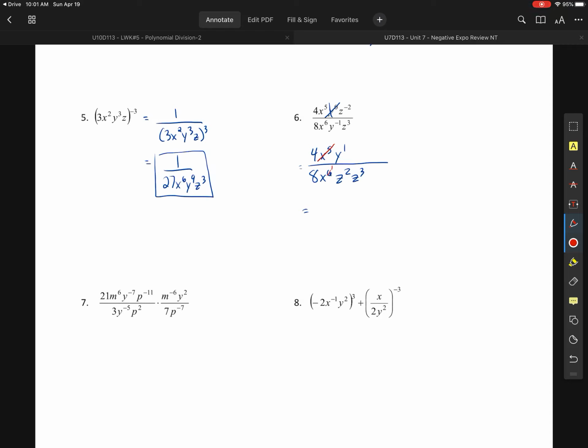Get rid of 5 x's, leaves me with x to the 1st. Combine these to give me z to the 5th. Divide by 4, divide by 4. Final answer here, y over 2 x z to the 5th.